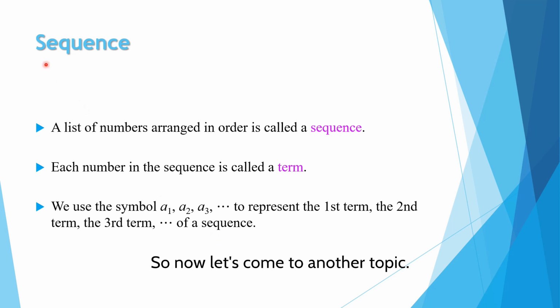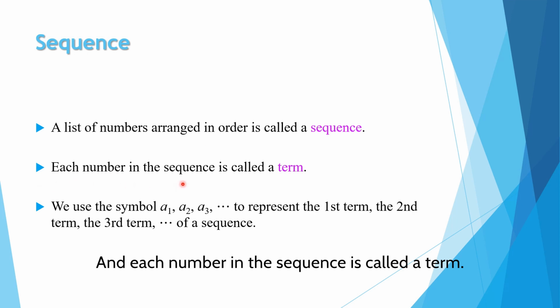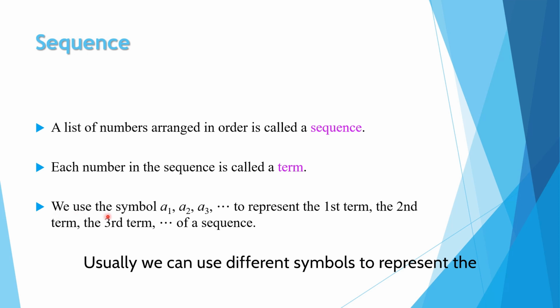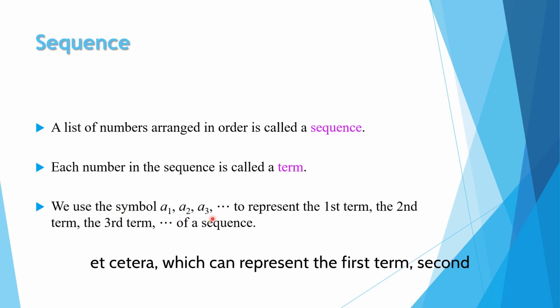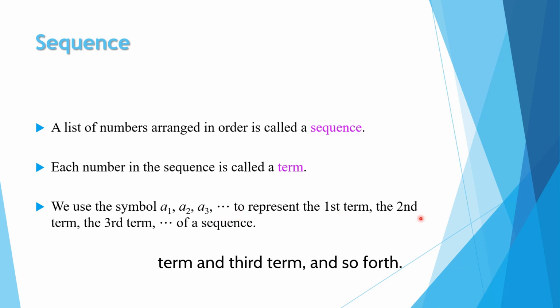So now let's come to another topic, which is sequence. Sequence in mathematics is actually a list of numbers arranged in a certain order. There is a pattern in the sequence, and each number in the sequence is called a term. Usually we can use different symbols to represent the terms, such as A1, A2, A3, etc., which represent the first term, second term, and third term, and so forth.